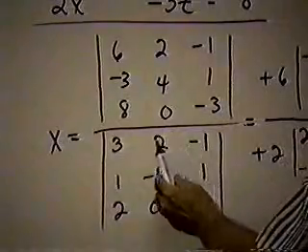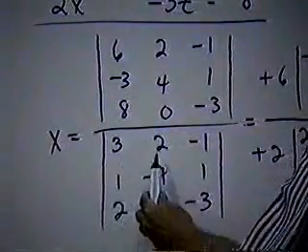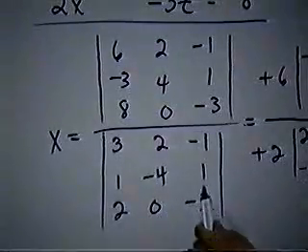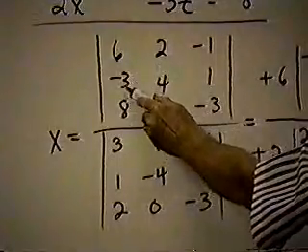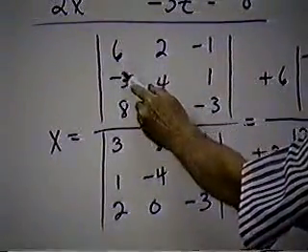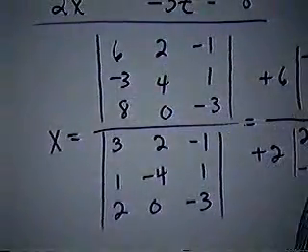So let's go back to x and rewrite the denominator, which are the coefficients of the x, y, and z. The numerator, if I'm solving for x, I replace the x column with the constants, 6, minus 3, 8. Write down the y and z columns. And now let's work this.